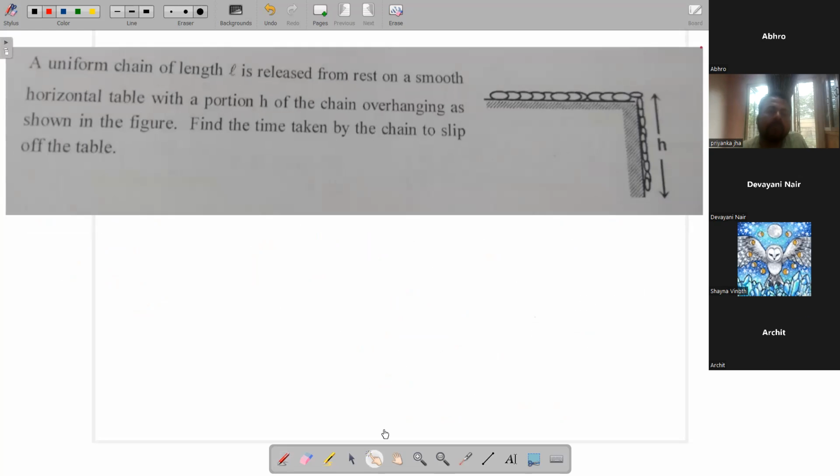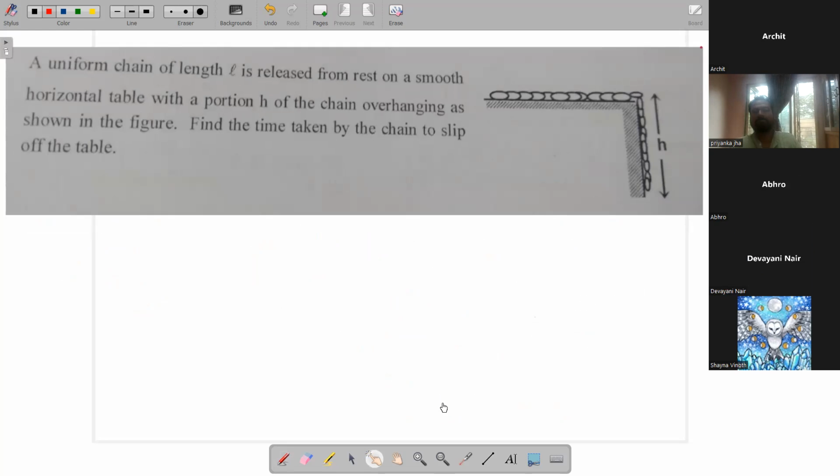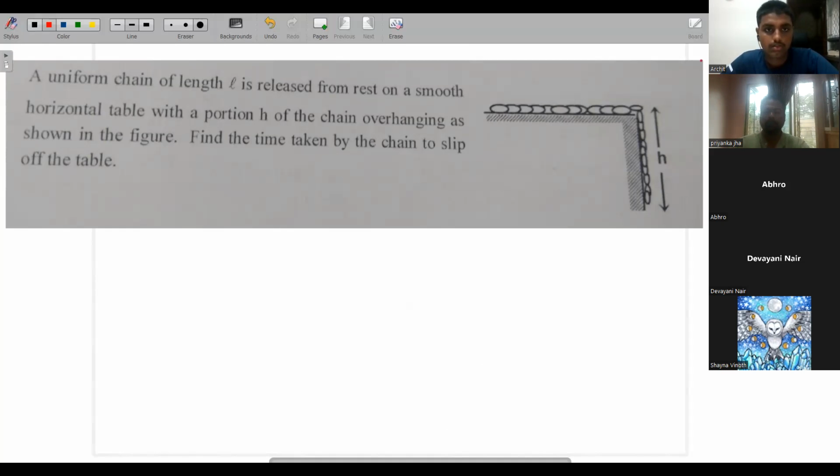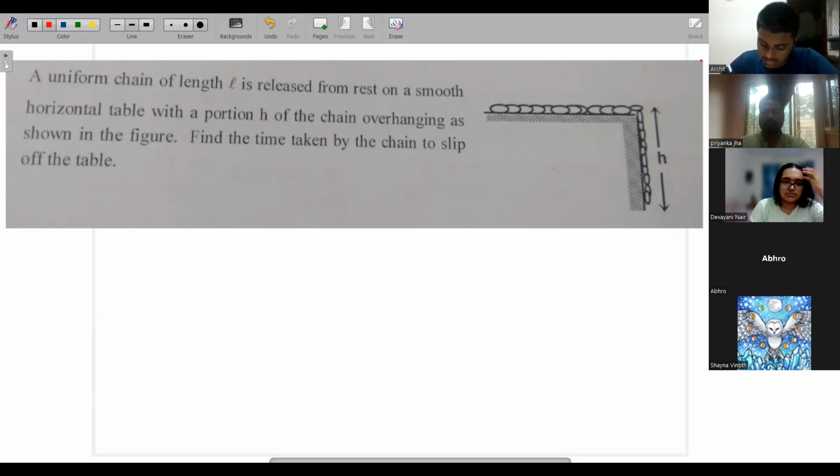Just try this. So will it be root of L minus H by 5?